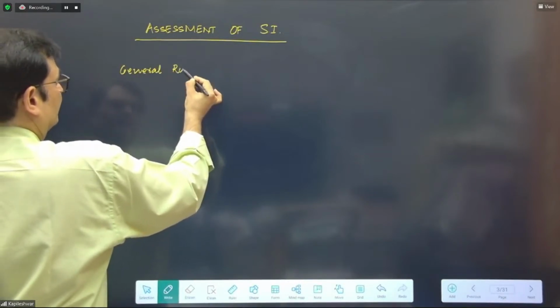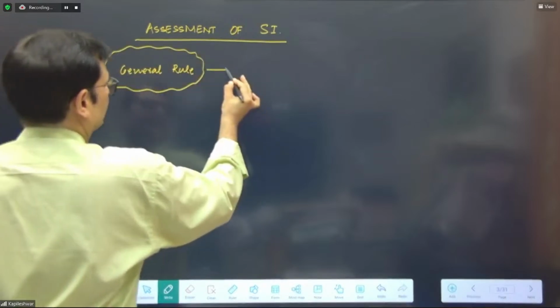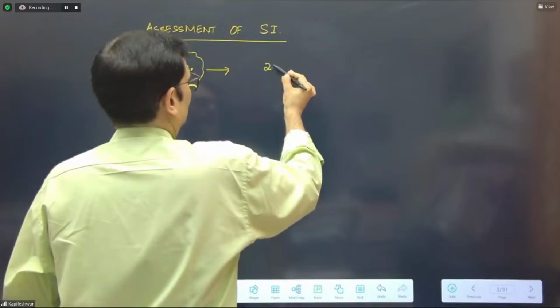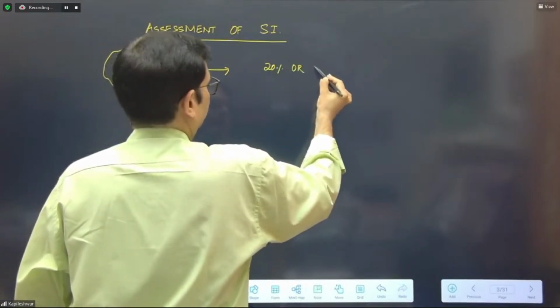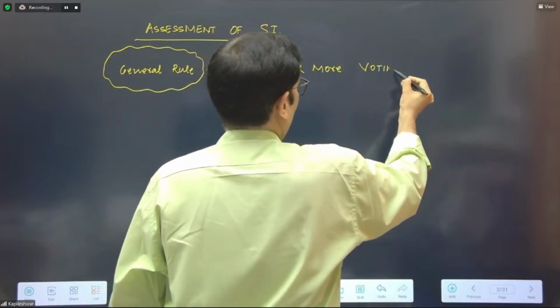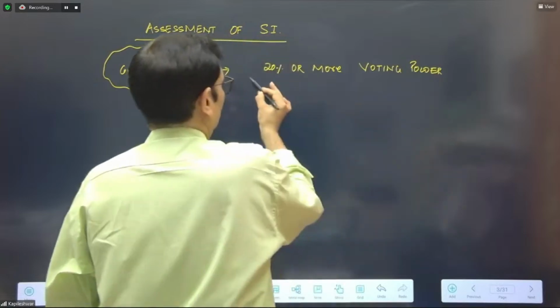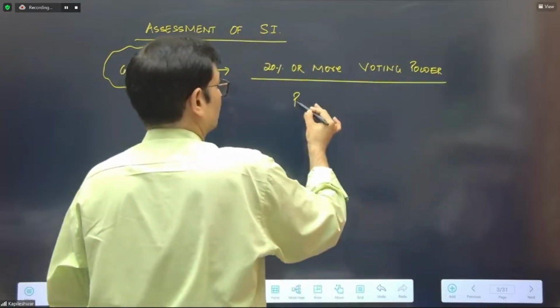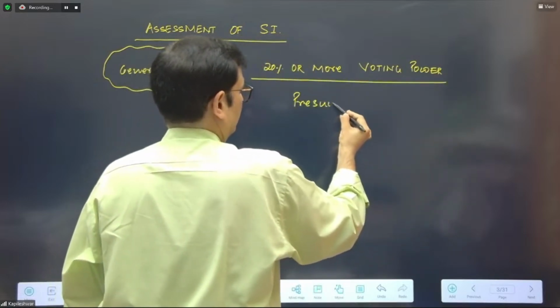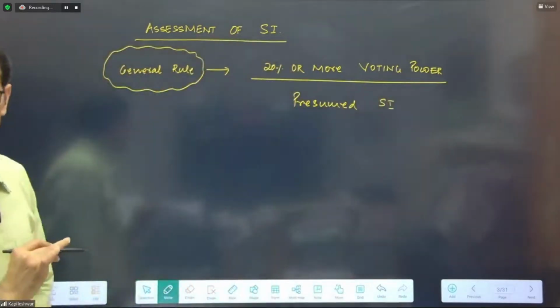We're saying that there is a general rule in terms of assessment, and that is that if you've got 20% or more voting power, it is presumed that there is a significant influence.